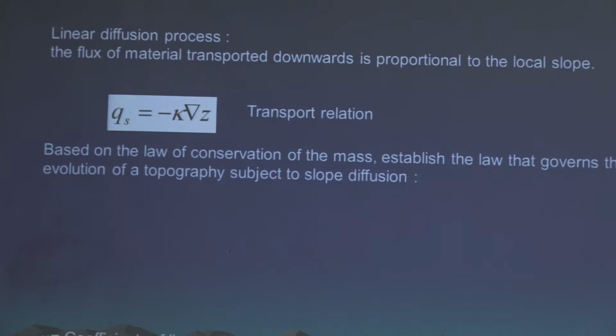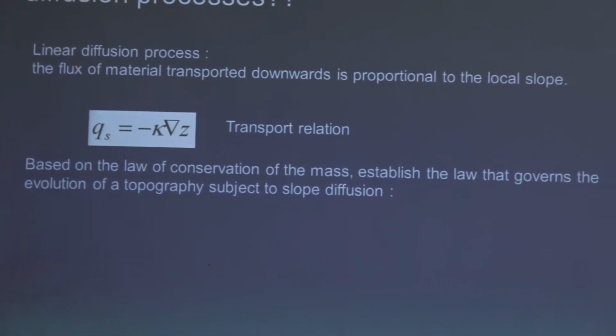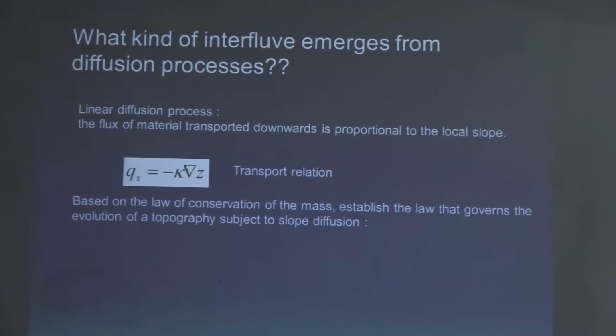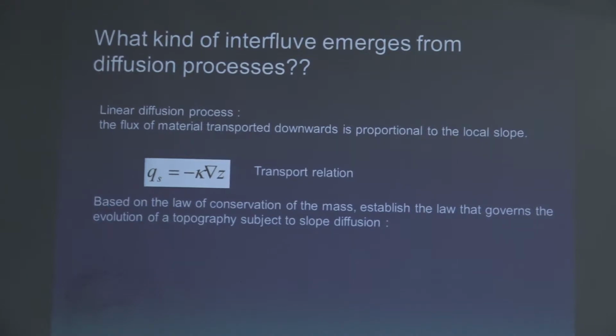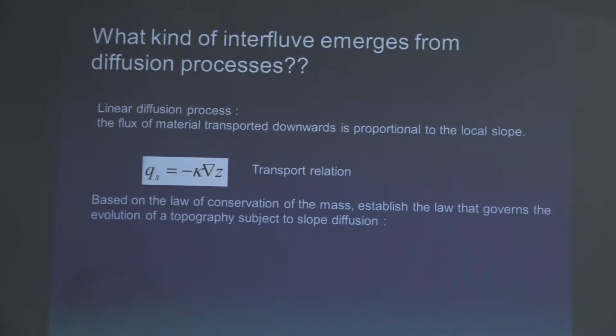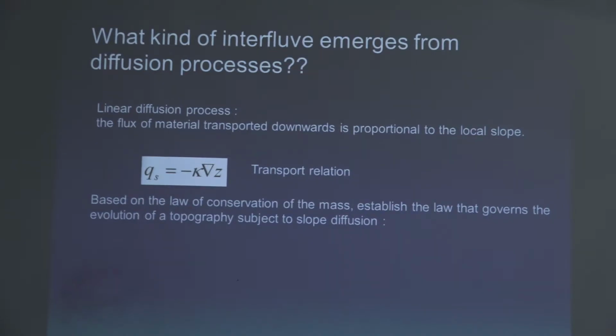So for that reason, it is called a diffusion process, because we will see that we end up with a diffusion equation that describes the displacement of the erosional product on the hill slope, similar to the diffusion equation that is used classically for heat diffusion, heat transfer.